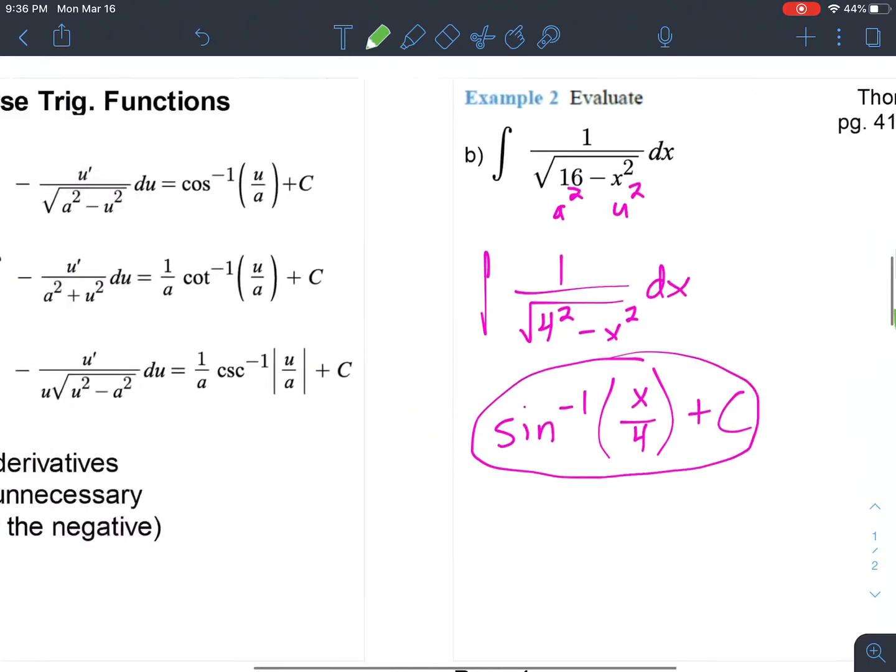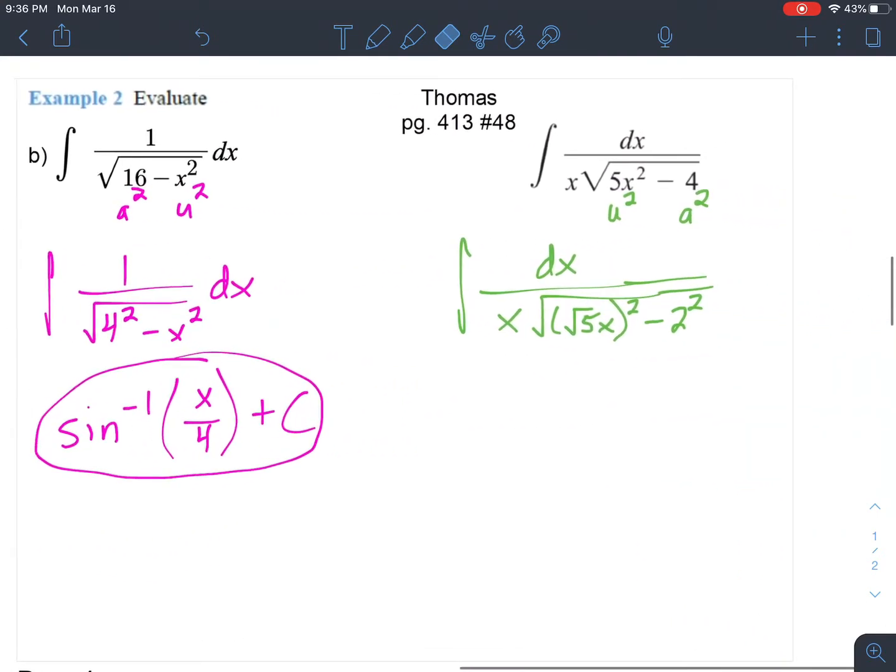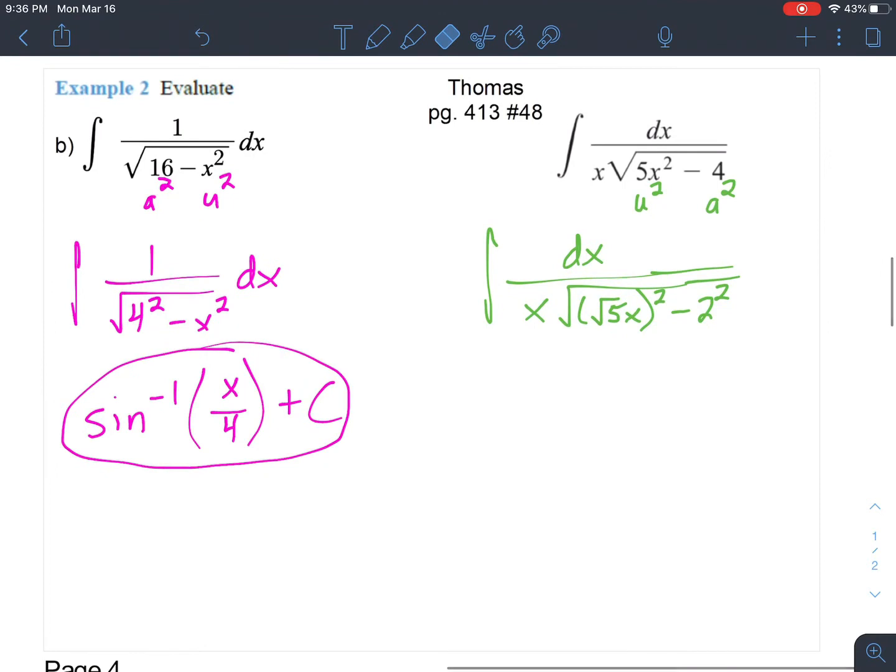And this is going to be integrating into arcsecant. But a problem is that we're supposed to have u in front with u squared in our radical. And currently, in our question, we don't have u in front. That's not matching with the u squared. So we need to make a change to this so it does match.